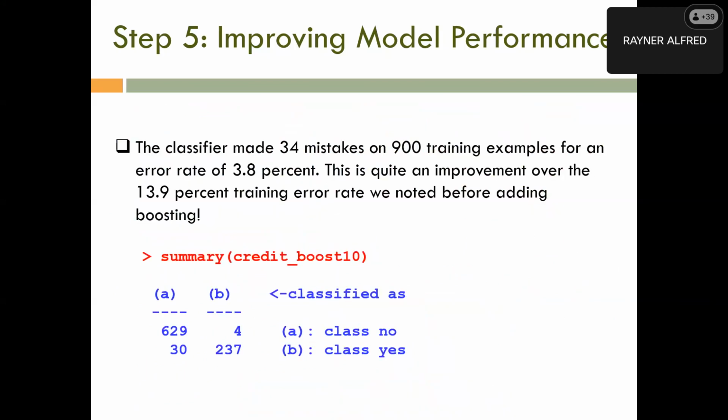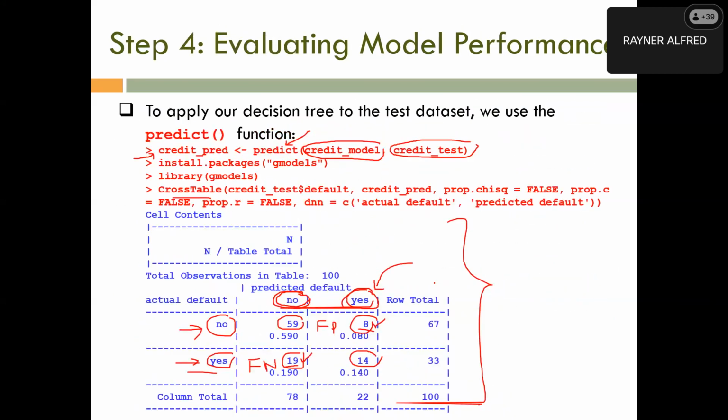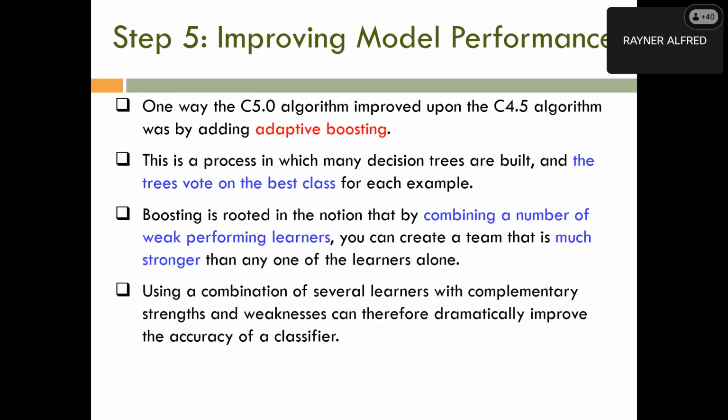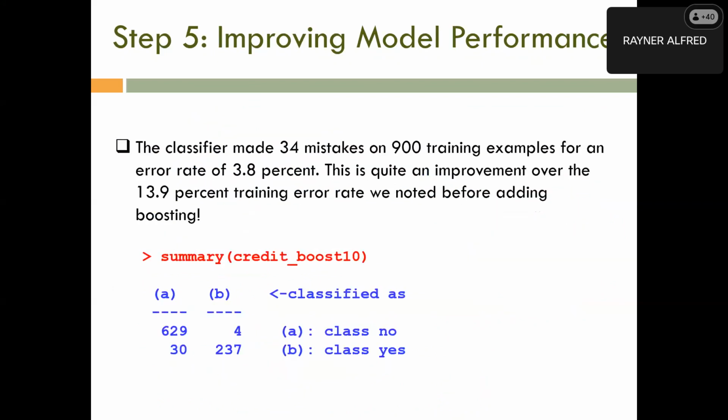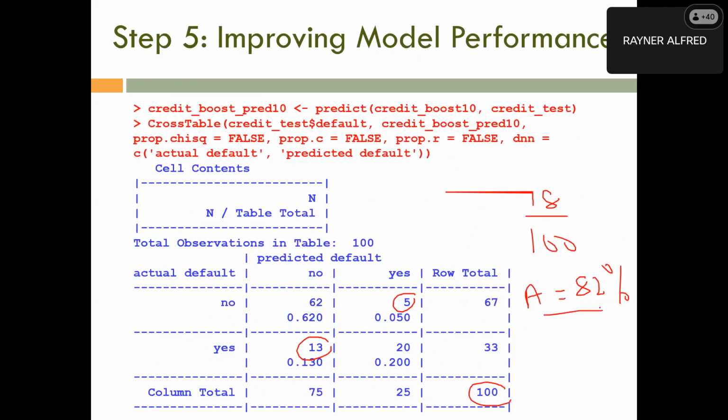Compared to the previous one, the error there is 27, so accuracy will be 73. But that one is using only one tree. In this example, we are using 10. So we have improved the accuracy here. Okay.